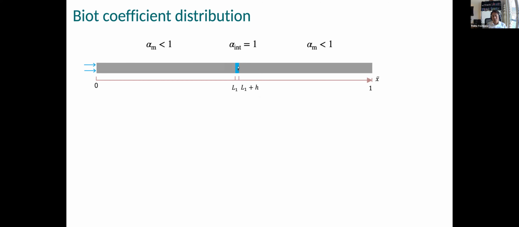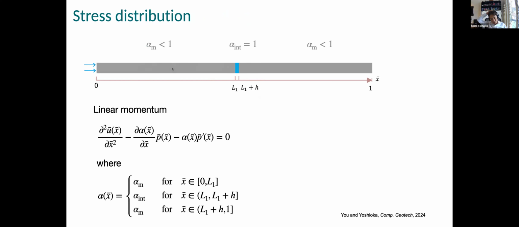And we consider that the Biot coefficient at this weak interface is 1, and at the intact part, the Biot coefficient is smaller than 1. Okay. So in this simple setting of the 1D bar, we can actually solve the linear momentum equation analytically.